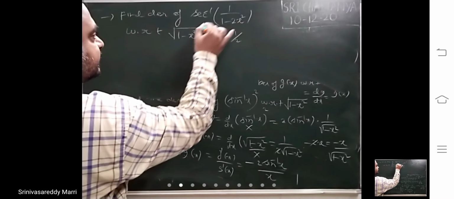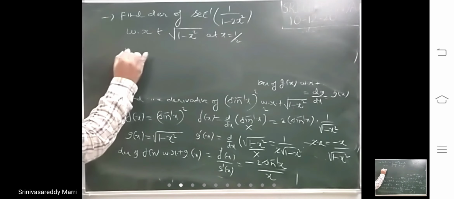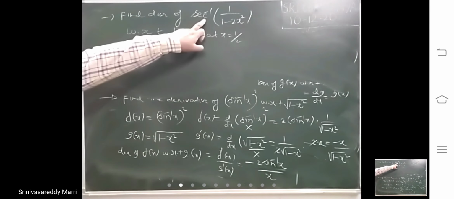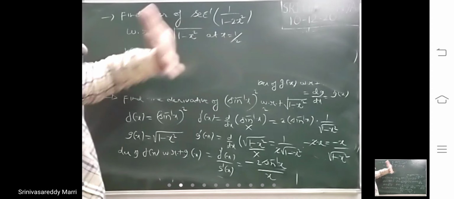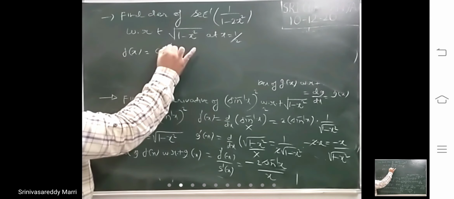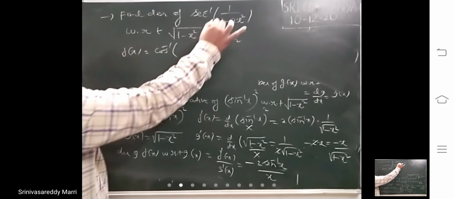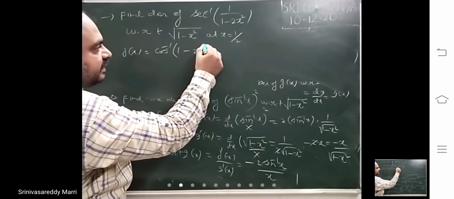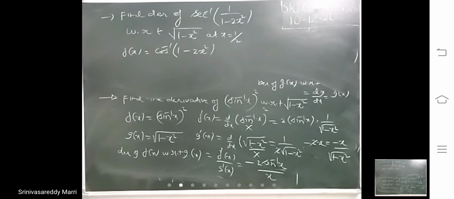So this is one function, this is another function. Take f of x as the first function. So secant inverse, this completely is capital X. Secant inverse x is nothing but I am converting into cos inverse. Cos inverse means reciprocal of this, 1 minus 2x square. Cos inverse of the reciprocal of that angle.